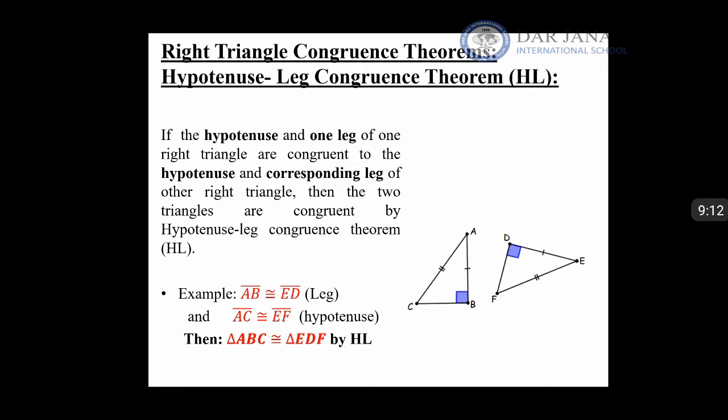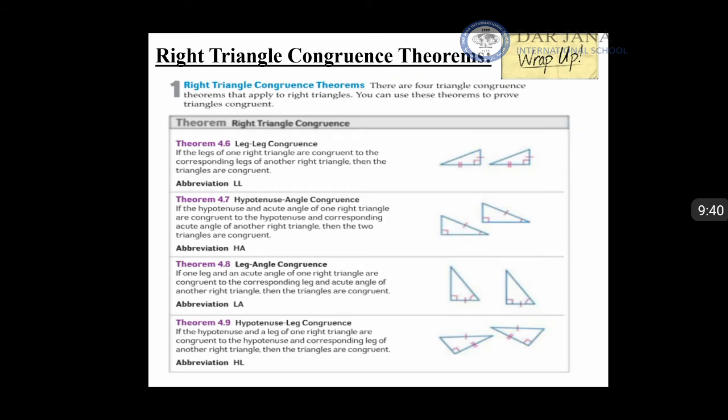Also, EF is the hypotenuse, since it's the side facing angle D. So we have the hypotenuse in the first triangle congruent to the hypotenuse in the second right triangle, and a leg in the first triangle congruent to its corresponding leg in the second right triangle. So here we can use the hypotenuse leg congruence theorem in order to prove that triangle ABC is congruent to the triangle EDF.